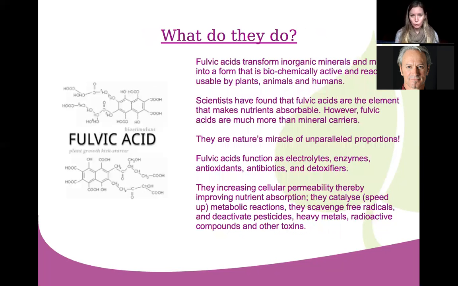So what they do in nature is that they transform inorganic minerals and metals into a form that is biochemically active and readily usable by plants, animals, and humans. So fulvic acids are actually the element that makes nutrients absorbable.